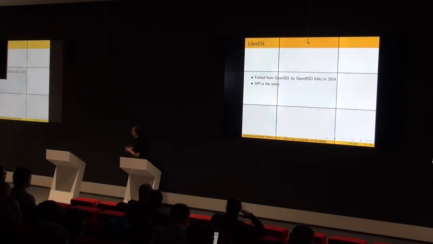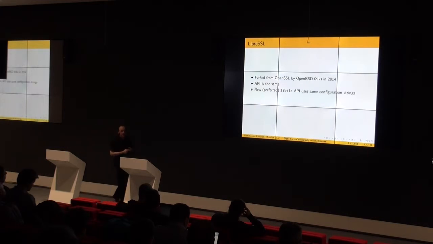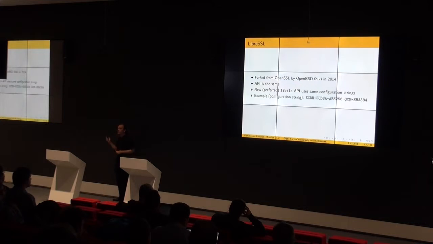What is good with LibreSSL, the authors try to provide a new modern API which should be less prone to errors, which is called libTLS API. And this is important for you only if you are a programmer. If you are a user of such software, you are once again stuck with the same configuration strings, and if you use them wisely, there you go, you're using it. No need for any other action.